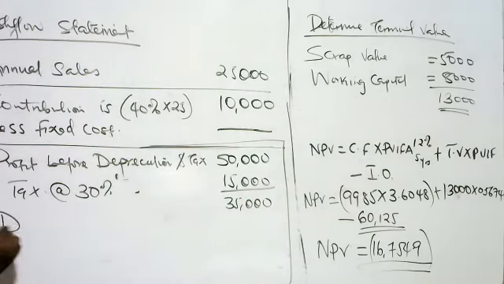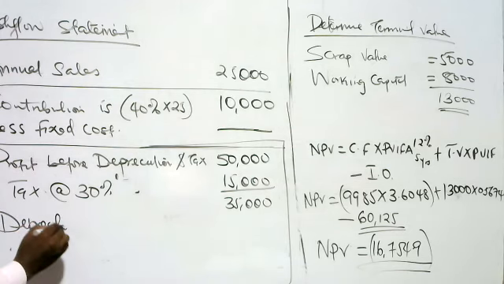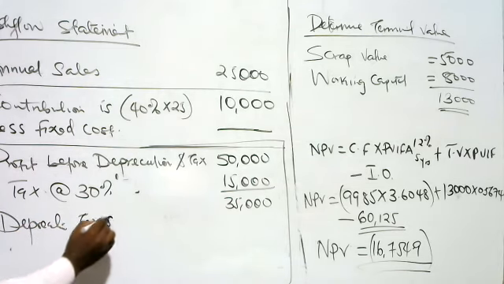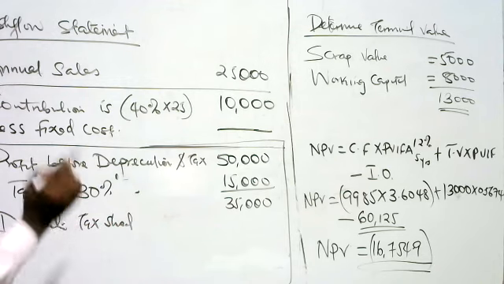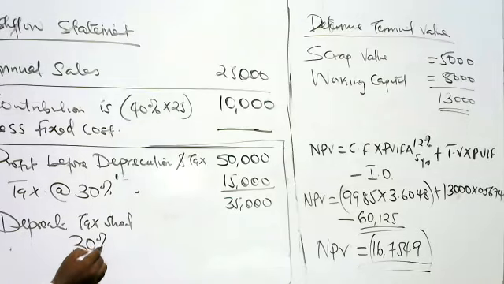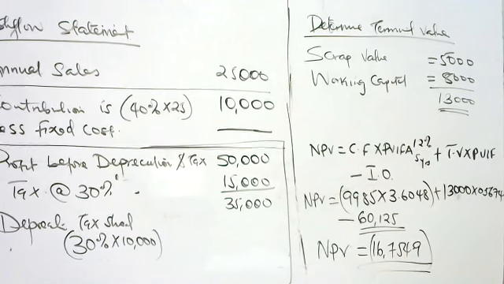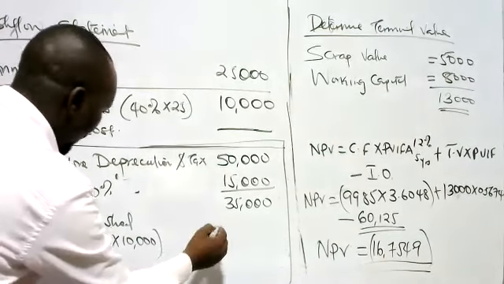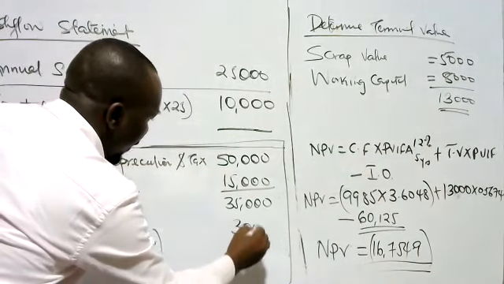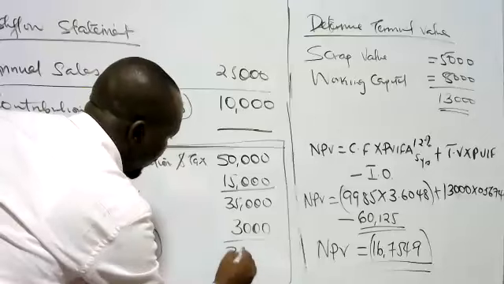Then you have depreciation tax shield. We use 10,000 depreciation, so it is 30% of 10,000. That was the assumed depreciation. 30% of 10,000 is 3,000 still. So you add that directly, alafu utapata 38.